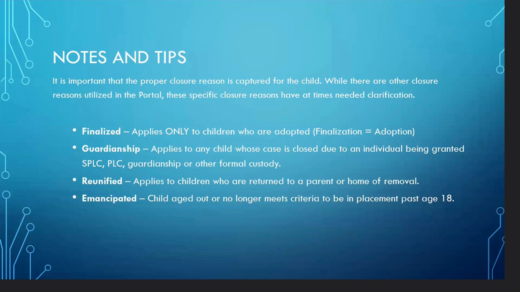And finally, a closure reason of emancipated refers to a child who has aged out or no longer meets criteria to be in placement past the age of 18 years. To review in more detail the definitions and descriptions of all statuses and all closure reasons, please refer to the LSI User Guide for SWAN Portal version 3.